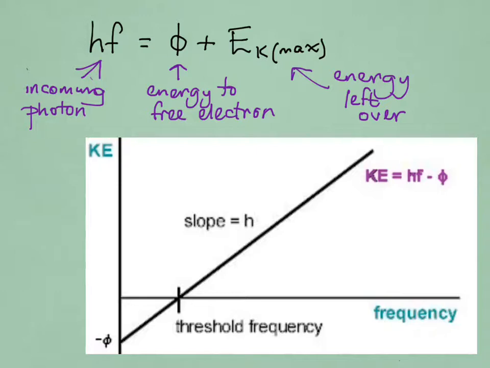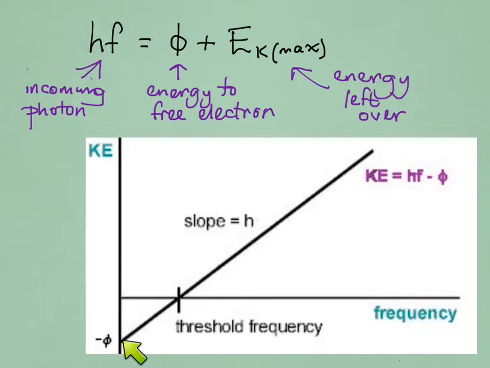So if the threshold frequency is met, so if the frequency of the photon is enough, that will just allow the electron to escape, but there won't be anything left over for it to have kinetic energy. So that frequency is called the threshold frequency, and it's sometimes called f0. Below that frequency, the energy is not enough to let any electrons escape, so you get none free.